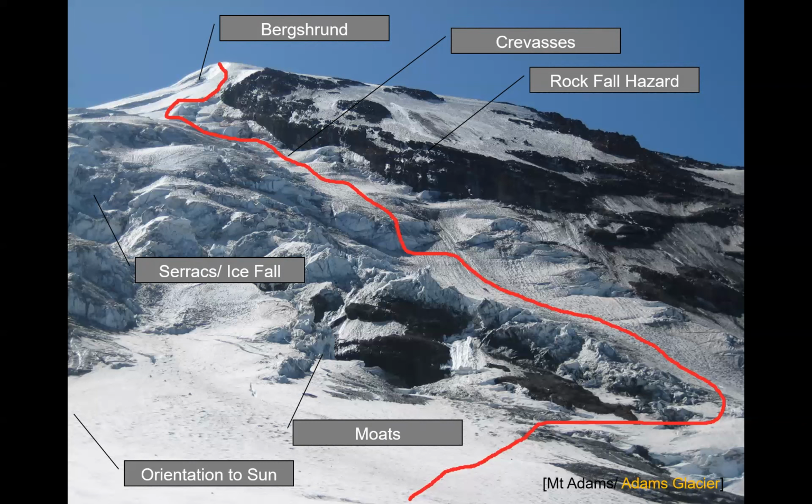This route, even though it's a north-facing aspect, for some reason it catches sun very early on, and the general thinking is to be past this section before 6 a.m. so that you don't get rained on by the loosening rock from the rock fall that's above here.